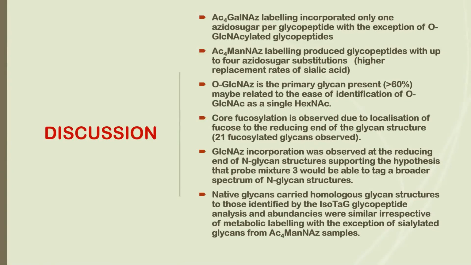Core fucosylation and galactose incorporation were observed at the reducing end of the glycan structures, supporting the hypothesis that probe mixture 3 would be able to tag a broader spectrum of N-glycan structures. Lastly, native glycans carried homologous glycan structures to those identified by IsoTAG, irrespective of metabolic labeling.